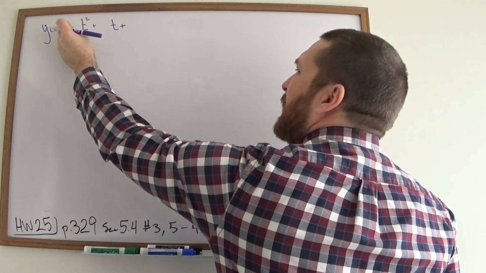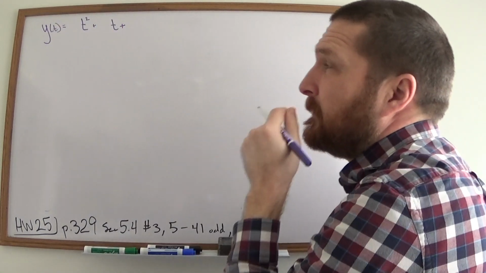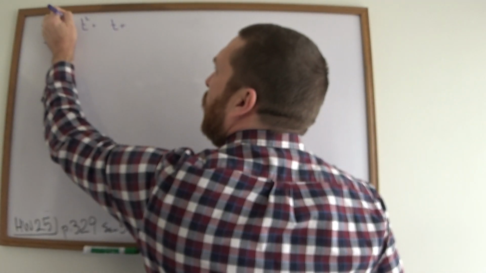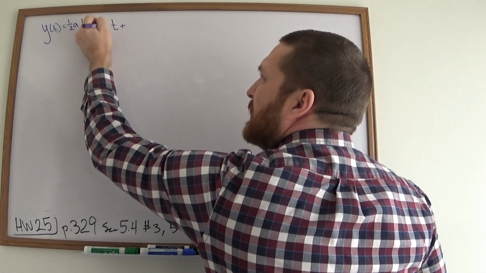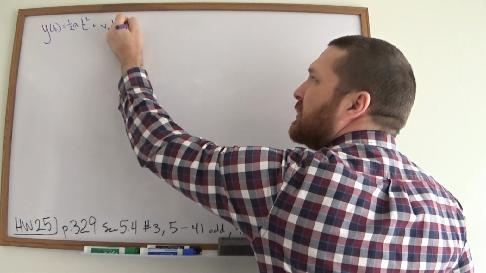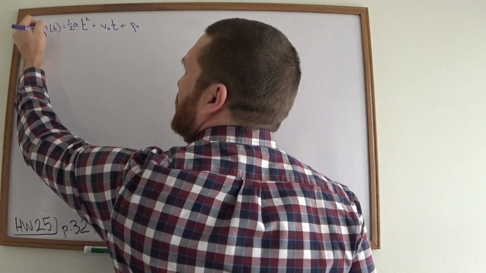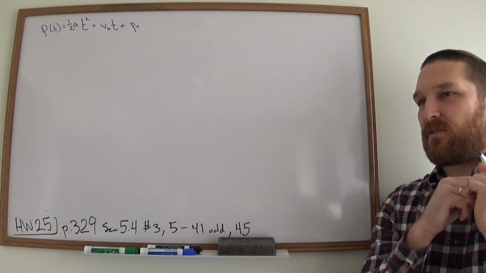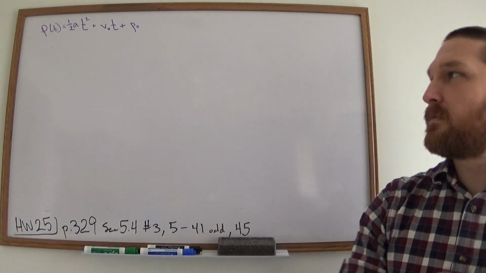Does anybody remember what that bit is, and what that bit is? It's 1/2 the acceleration, this is the initial velocity, and this is your initial position. In fact, I'm going to rename this P for position. And in Algebra 2, we just magicked this out of nowhere. We're like, trust me, it's equal to this.